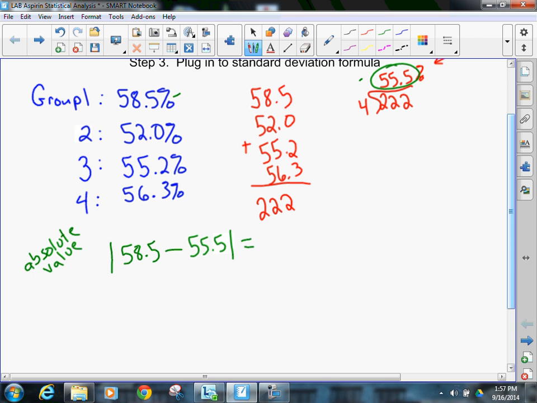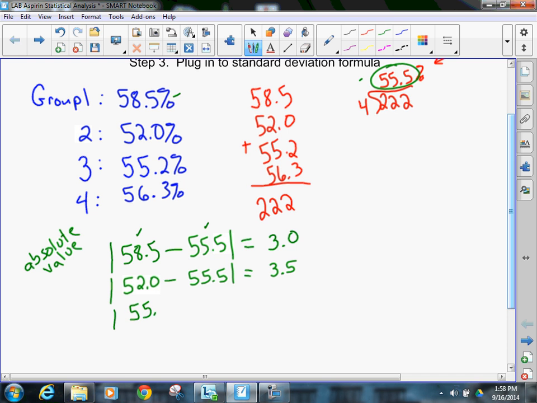All right, so this one here will end up being 3.0. That's how far away their group's percent yield is from the average number. Then I'll do that for group number 2. Again, I'm finding what's called deviations from the mean. So how far does each group's data point differ from the average? This one is negative 3.5, but remember I'm taking the absolute value, so I just care that it's 3.5.